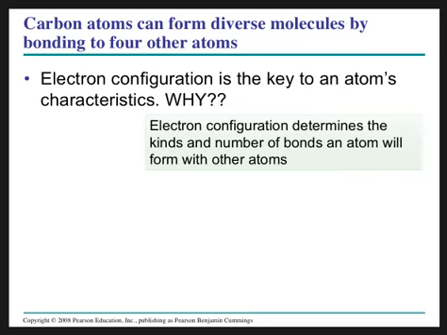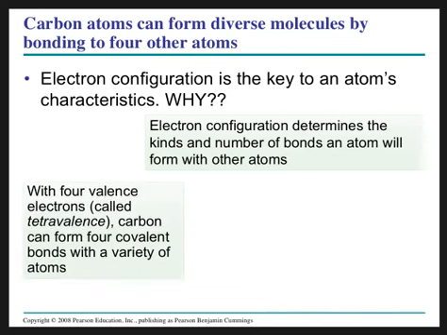Remember that your definition of electron configuration is just where are those electrons in the valence shell. Okay, so how that configures will determine what kinds of bonds can form, how many bonds can form, and with a valence of 4, carbon has the ability to enter into 4 covalent bonds with a variety of atoms.